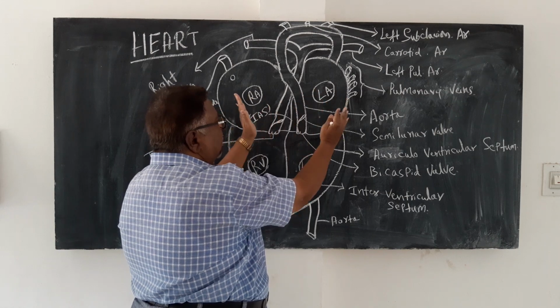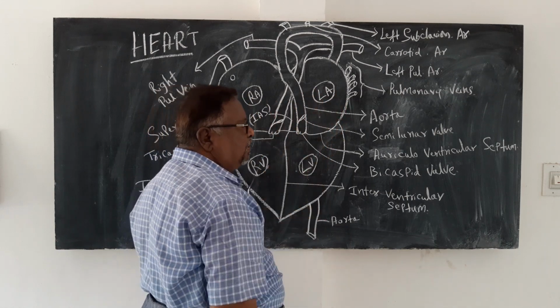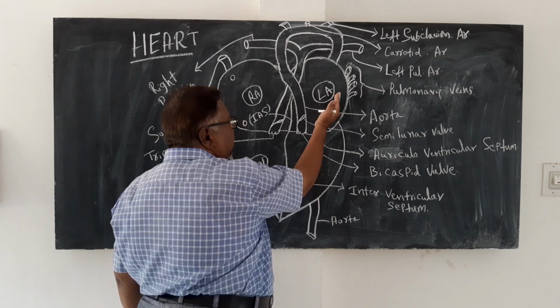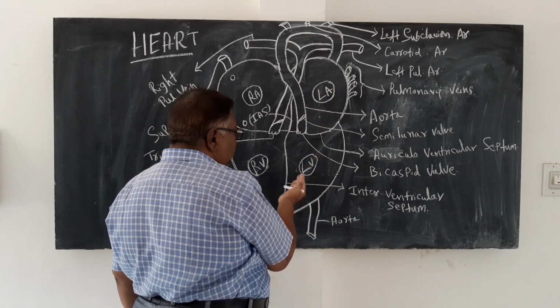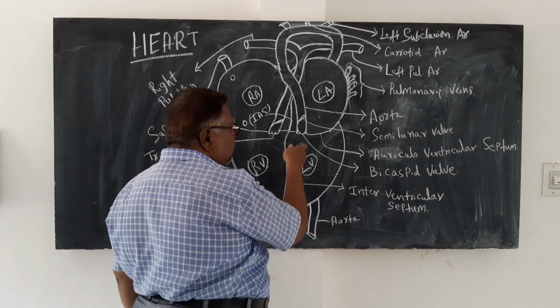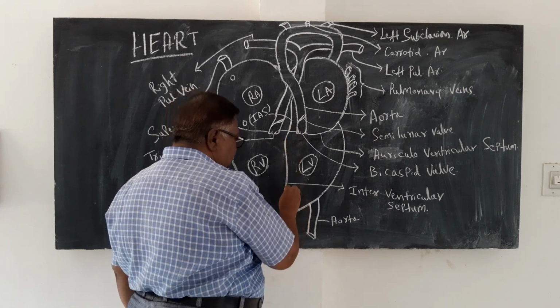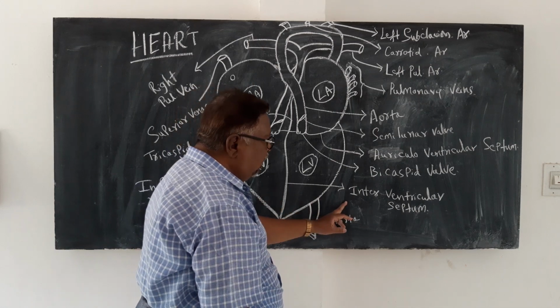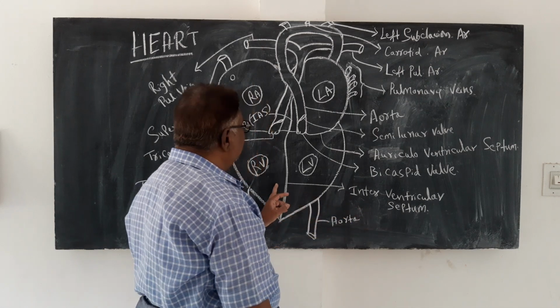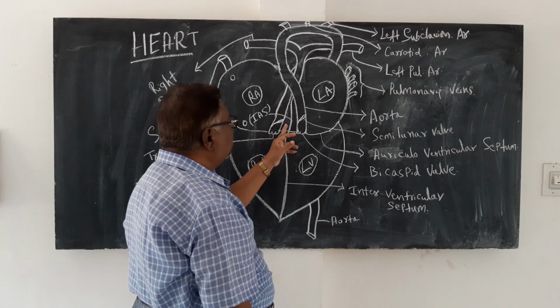They are completely separated. No mixing of blood takes place here. The right auricle blood moves into the right ventricle only, not into the left ventricle, because there is a partition wall which is called the interventricular septum. This is the interauricular septum.